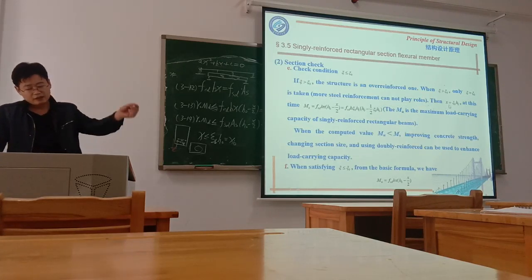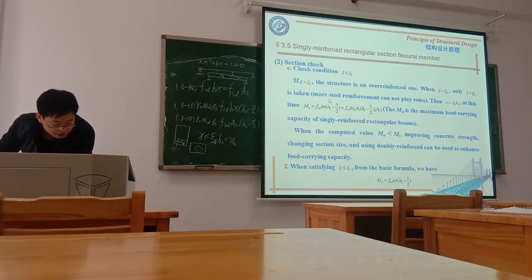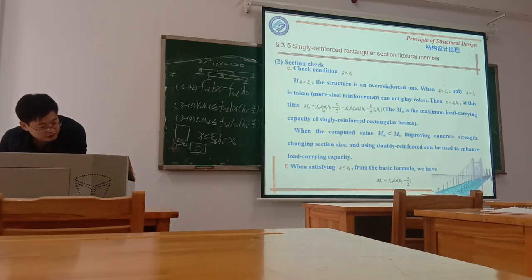Then x equals xb h0, and this time Mu equals fcd b x (h0 minus half x), with x equal to xb h0. Here x equal to xb is the boundary condition.